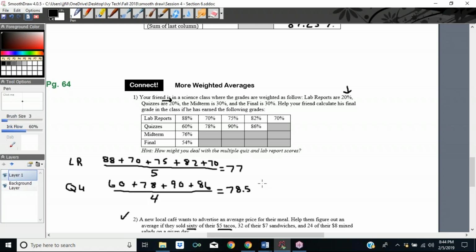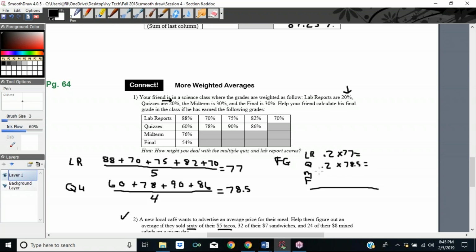All right, so to calculate the final grade, the final grade is going to be the lab reports, the quizzes, the midterm, and the final. So let's see what these come out to be. The lab reports are 20% of the grade, so I'm going to do 0.2 times 77. The quizzes are 0.2 times 78.5.